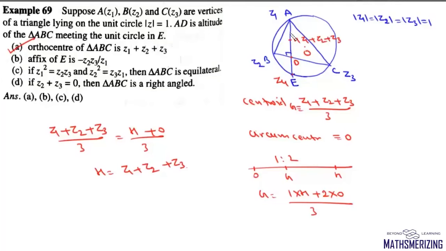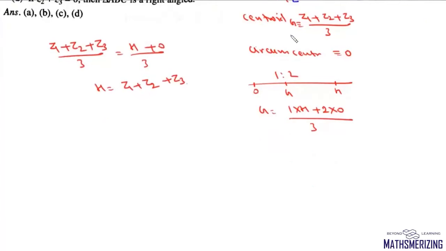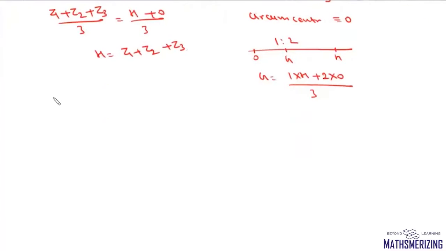Now we can write the equation of AD, and the equation of AD is given by this determinant: Z, Z bar, 1; Z1, Z1 bar, 1; and Z1 plus Z2 plus Z3, Z1 bar plus Z2 bar plus Z3 bar, and 1, and it must be equal to 0.